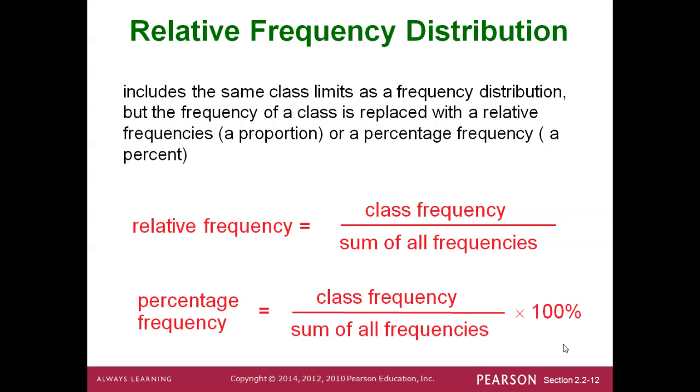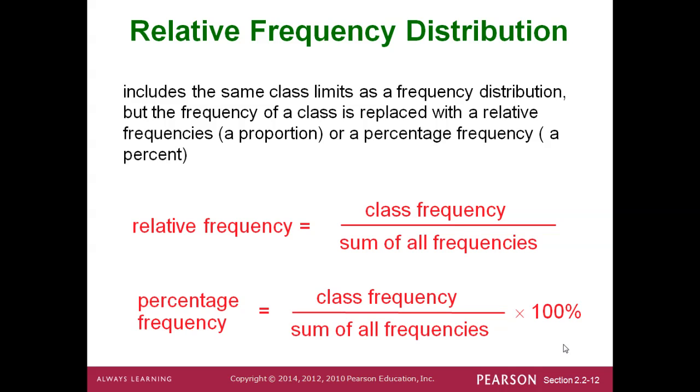You can have a frequency table with actual numbers, but you can also have a relative frequency, which gets us to the idea of maybe a pie graph. The idea here: class frequency divided by the sum of all of the frequencies.